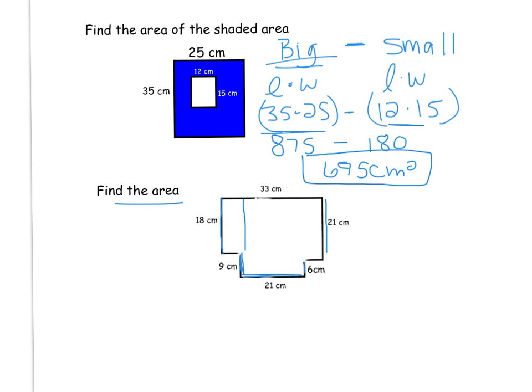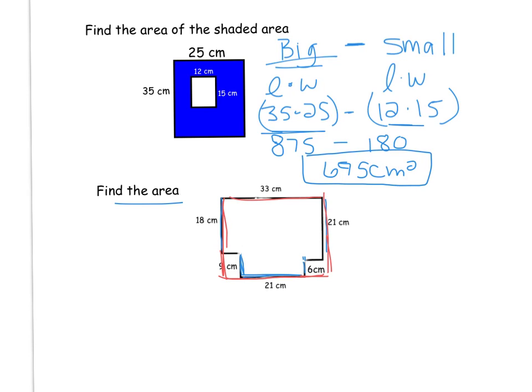We can split it into different rectangles, or we could put a rectangle around the whole thing and then take off the parts that are not part of the shape. But before we do anything, we have to find some missing measurements.